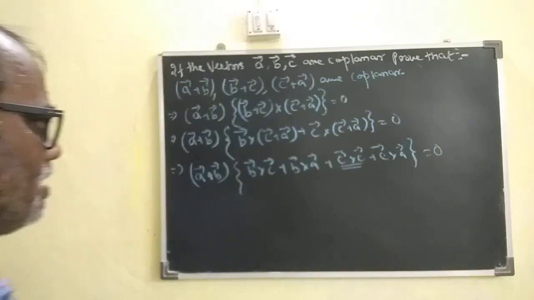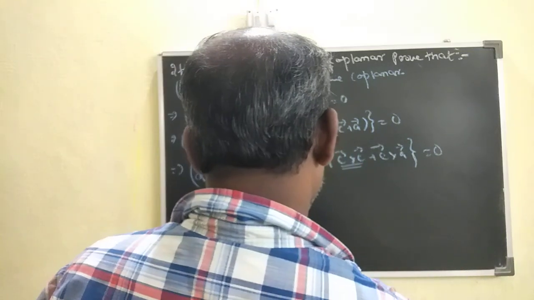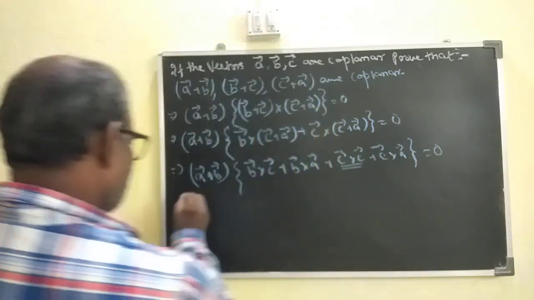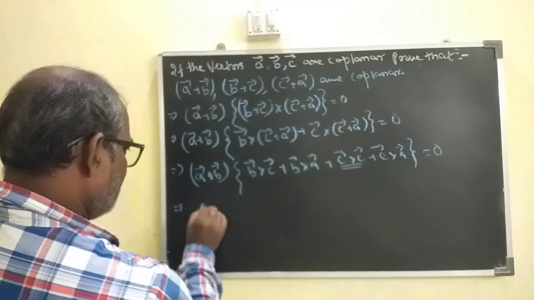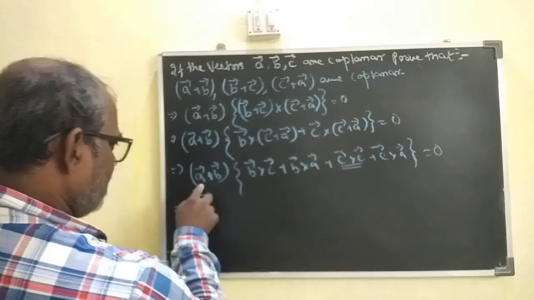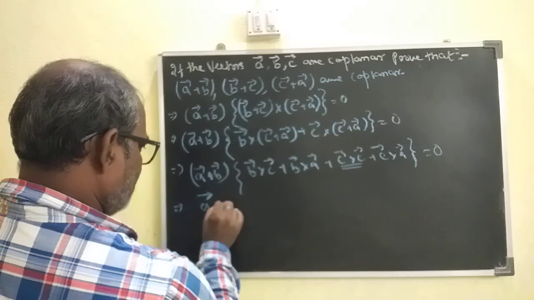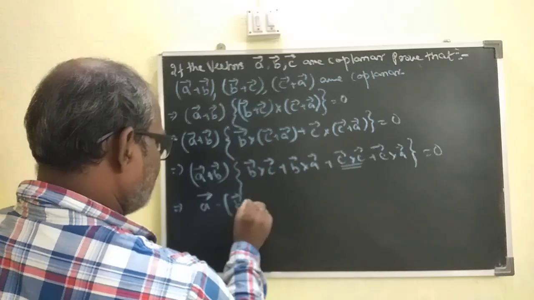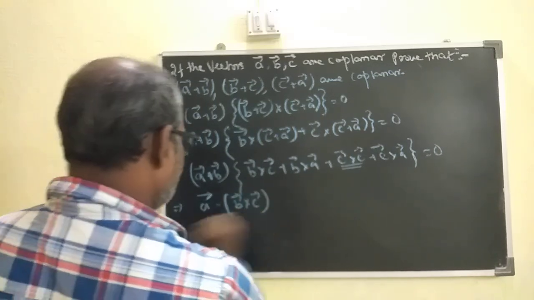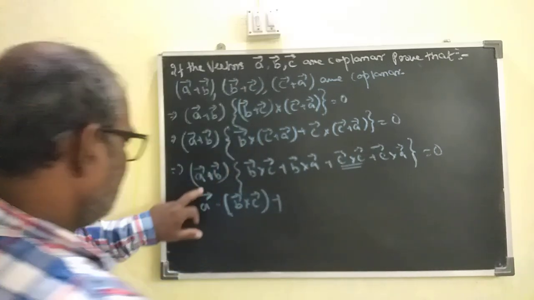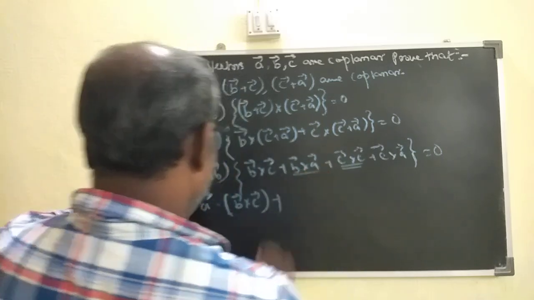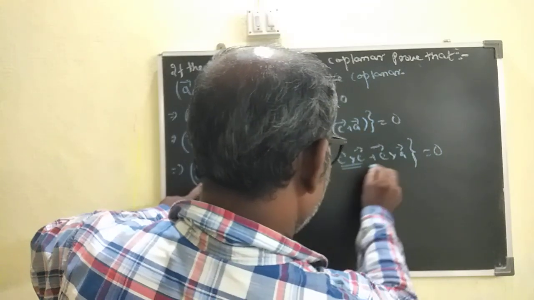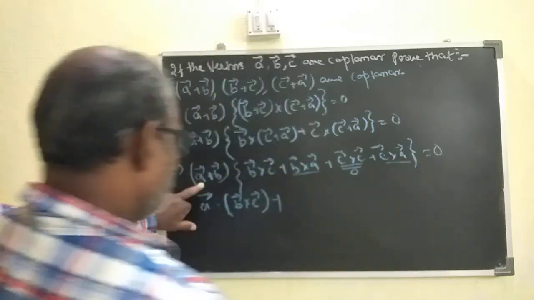So we can now assume that B cross C, B cross A, C cross A. So we can assume that A vector dot B vector cross C vector plus A vector into this is 0, A into this is 0, this is also 0.